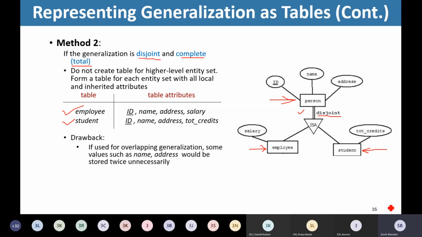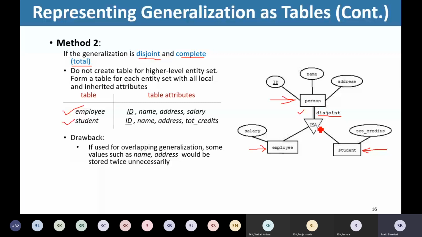Fine. Now, in this design also, we may come up with some drawbacks. And what are those drawbacks? If we use such a design for overlapping generalization, what do we mean by overlapping generalization?